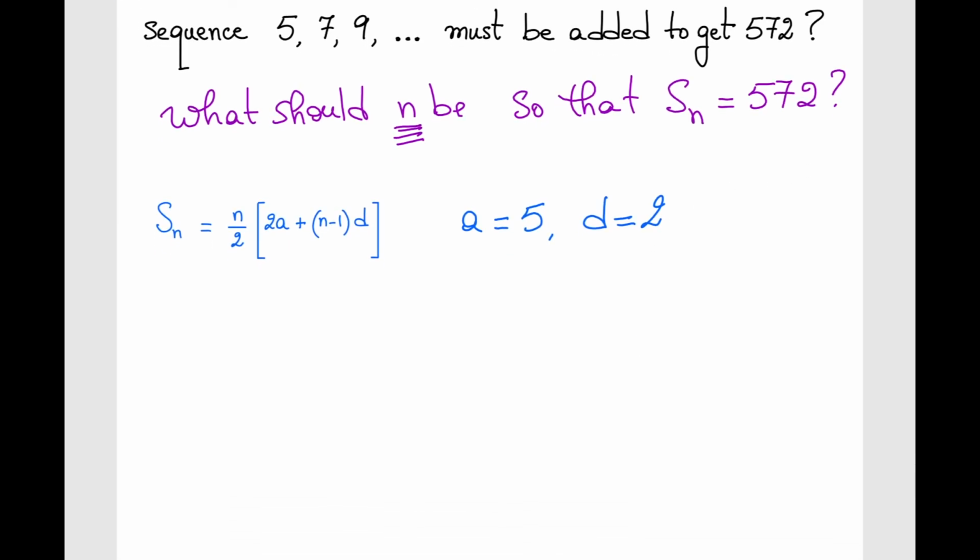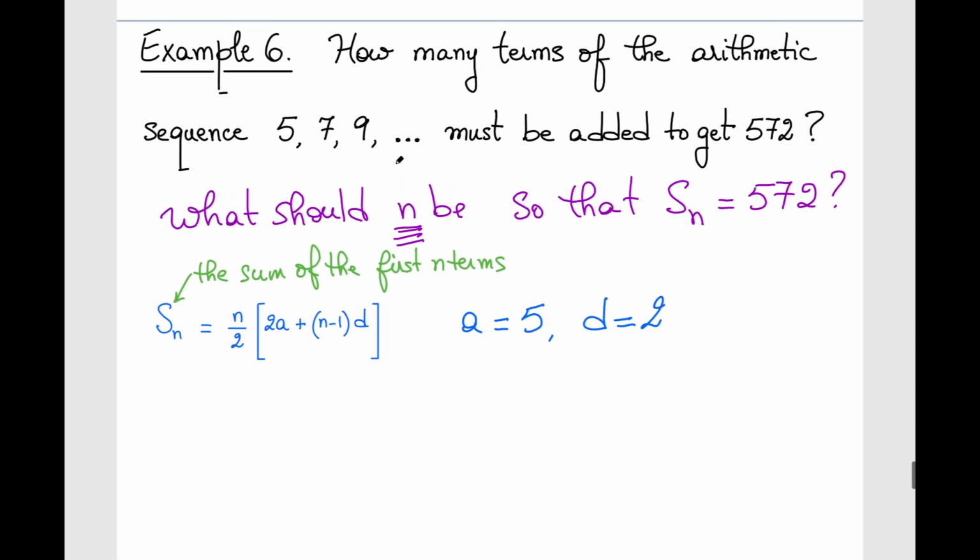So again, remember, this is the sum of the first n terms of any arithmetic sequence, in particular this one, which is an arithmetic sequence. In this case, a is 5 and d is 2.